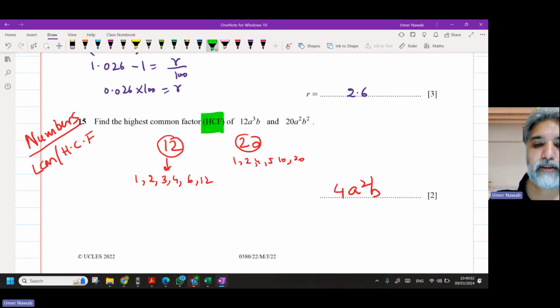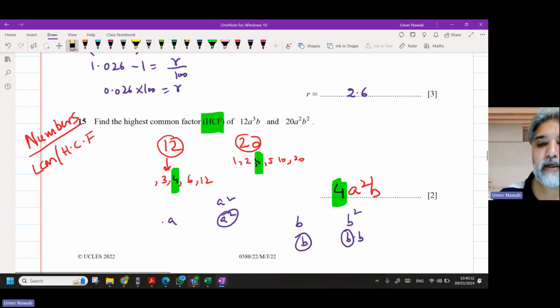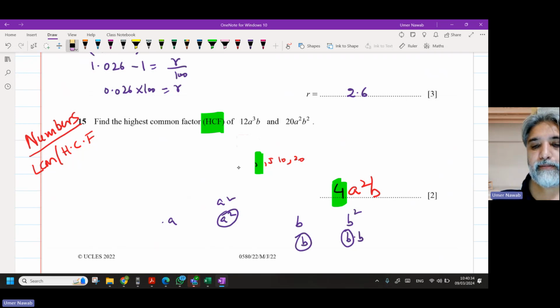So can you check what the highest common factor is? The highest common factor is 4. But then a cubed and a squared, the highest common factor in both of them is a squared. The highest common factor in b and b squared is b. So that's why I wrote the highest common factor as 4a squared b. Anyways, guys, so this is done. I'm erasing it.